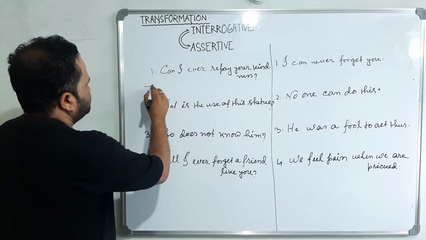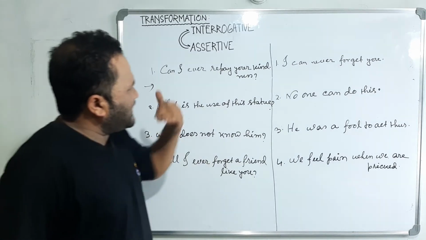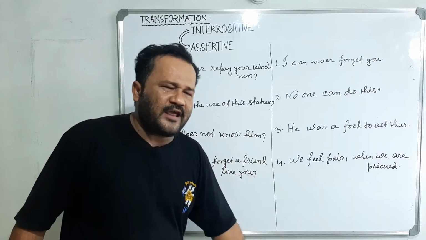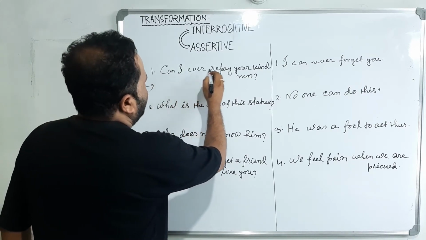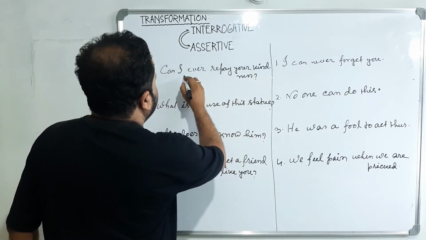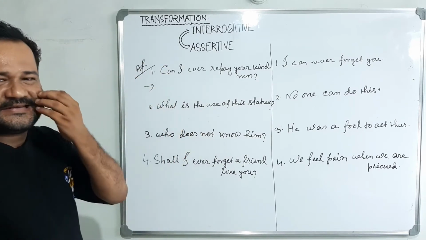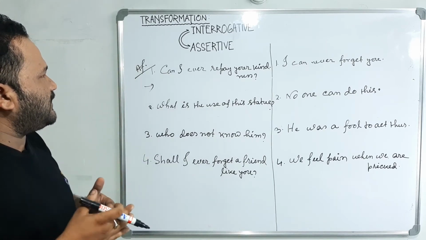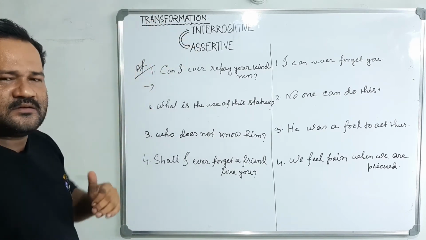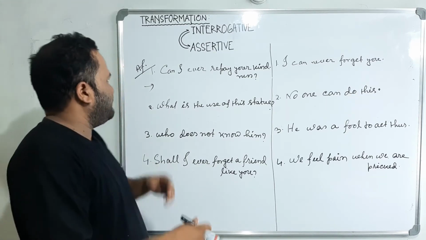First, interrogative sentence. Can I ever repay your kindness? This is an affirmative sentence. I mean affirmative question. Now you have to transform it into assertive, but that assertive sentence would be in negative.